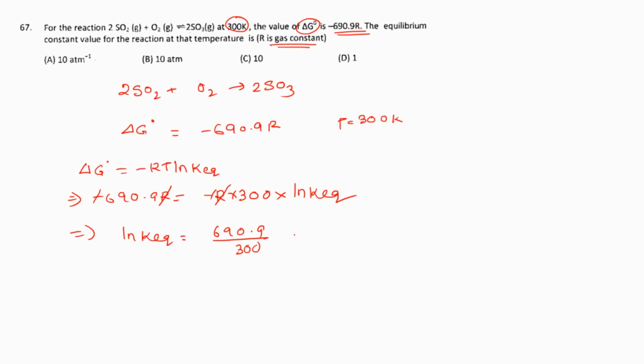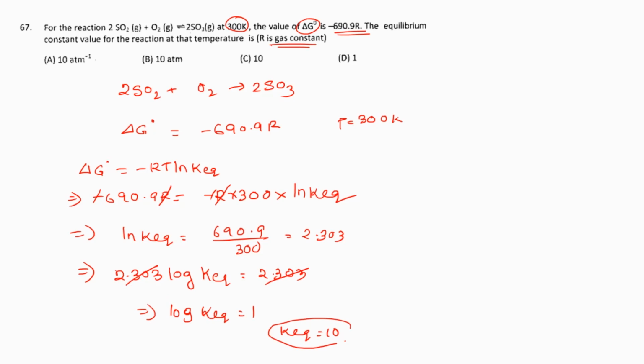And if you just do the calculation, it turns out to be 2.303. Now, it is given in the ln form, and if I convert it into the log form, I just need to divide by 2.303. So I am left with log of K equivalent to be 1, or K equivalent to be 10.